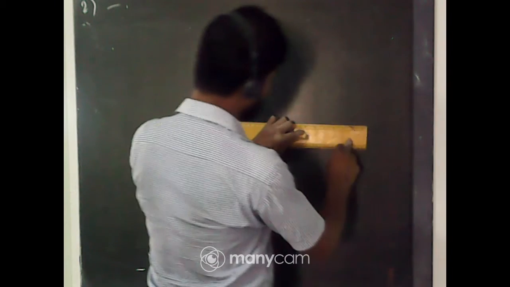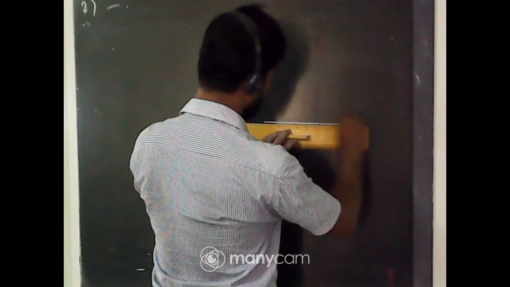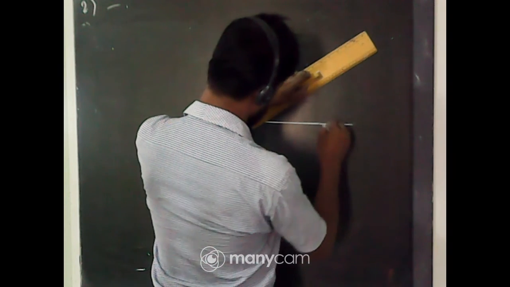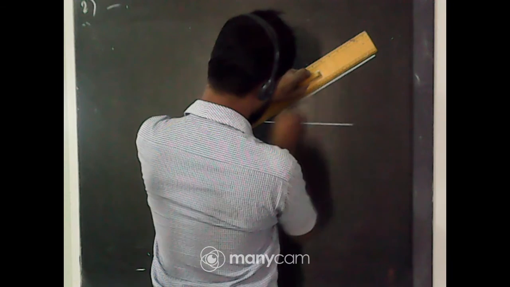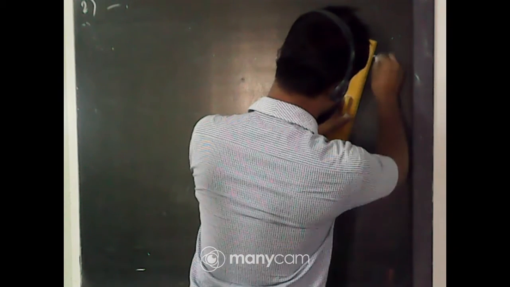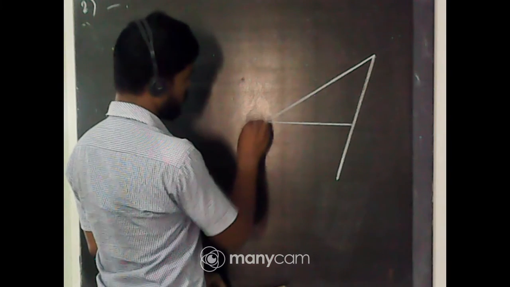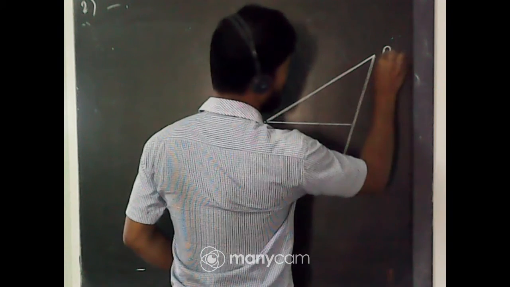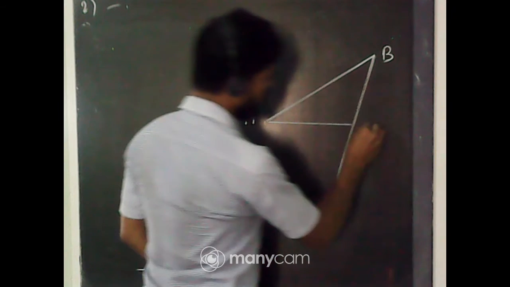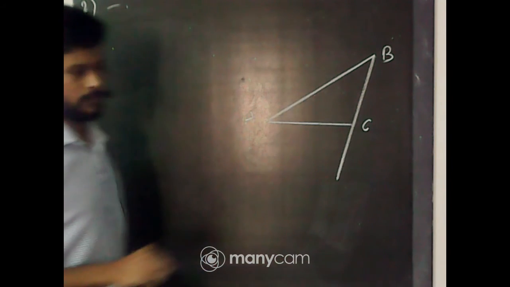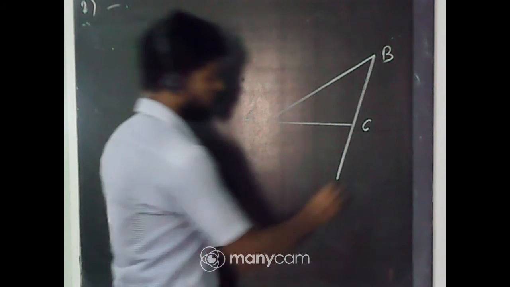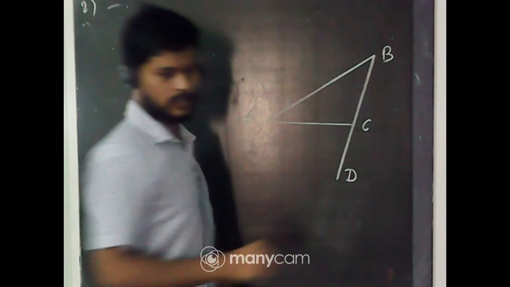One triangle is here. Let's give it a name. This is our A point, this is our B point, and this is the C point, and the side BC is produced to the point D.